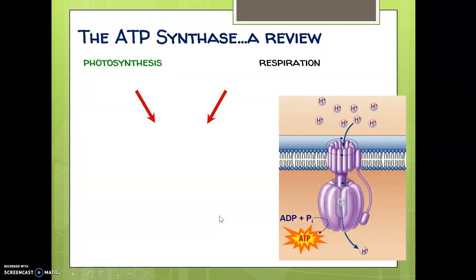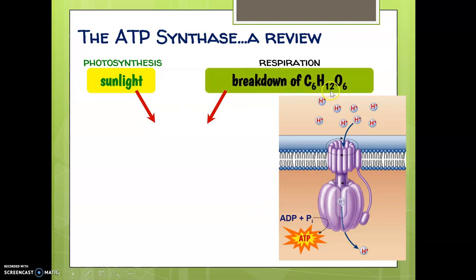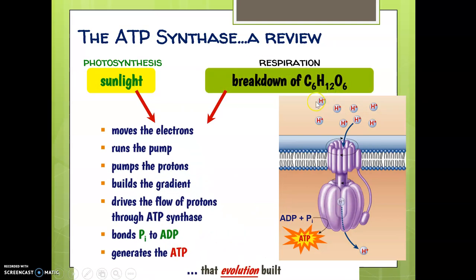So this is ATP synthase, a review. For photosynthesis, we get our energy from the sunlight. For respiration, we're getting it from the breakdown of glucose. Now, regardless of where we are getting it, the process is still the same. Whether we're getting our energy from sunlight or from breaking down glucose, we're moving the electrons through the electron transport chain pump.